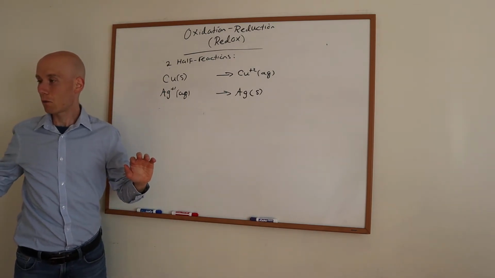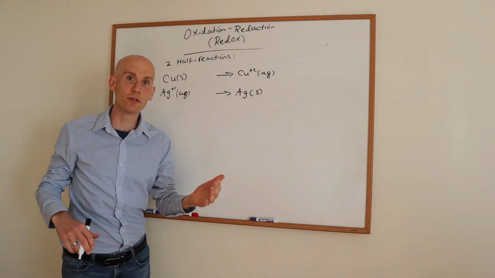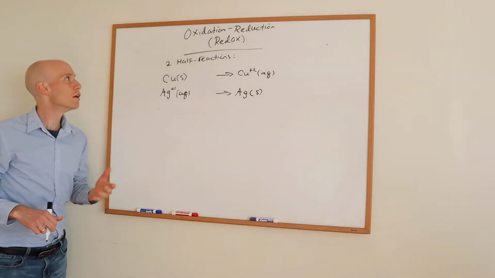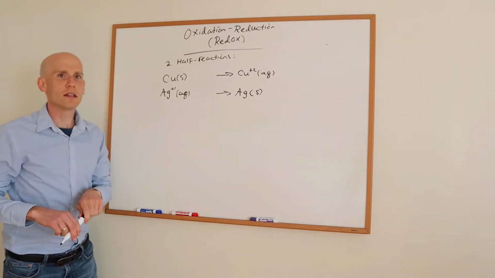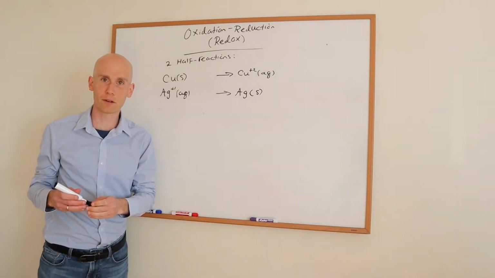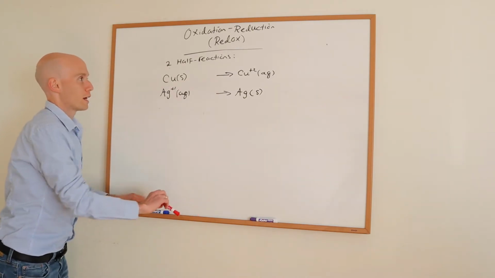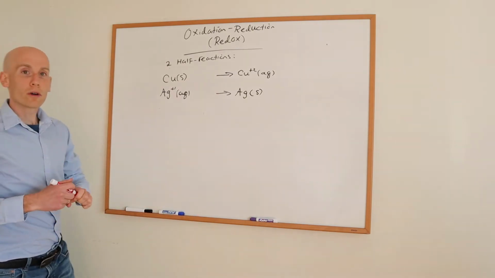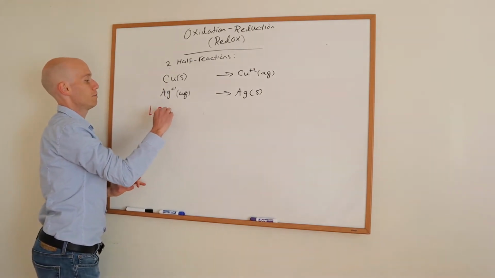And what I'd like for you to also tell me, another type of review from chapters ago, is which one of these is the oxidation half reaction and which one of these is the reduction half reaction. Okay, so take a moment to try to figure this out. As a reminder, Leo the lion says grr.